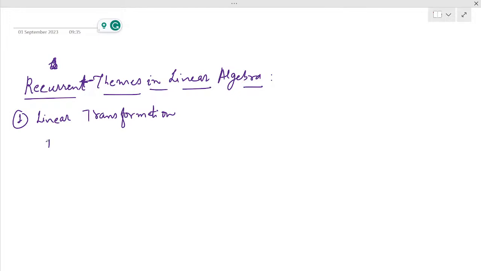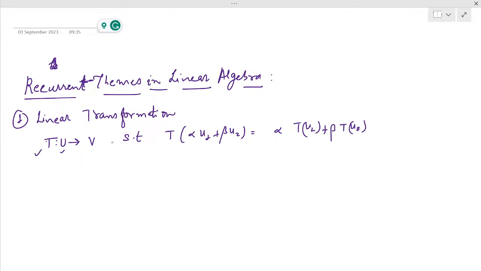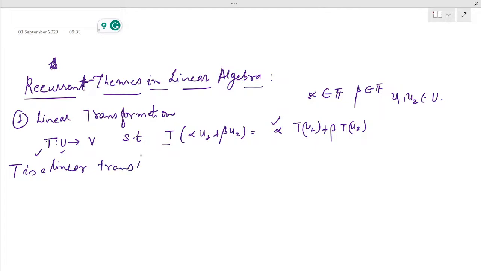Let T be a function defined from a vector space U to a vector space V such that T of alpha u1 plus beta u2 is equal to alpha T u1 plus beta T u2, where alpha and beta are elements of the field, and u1 and u2 both belong to U. This particular mapping is called a linear transformation.